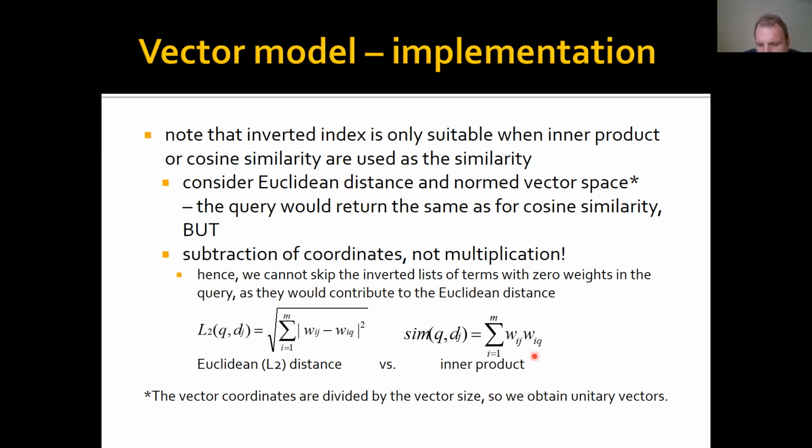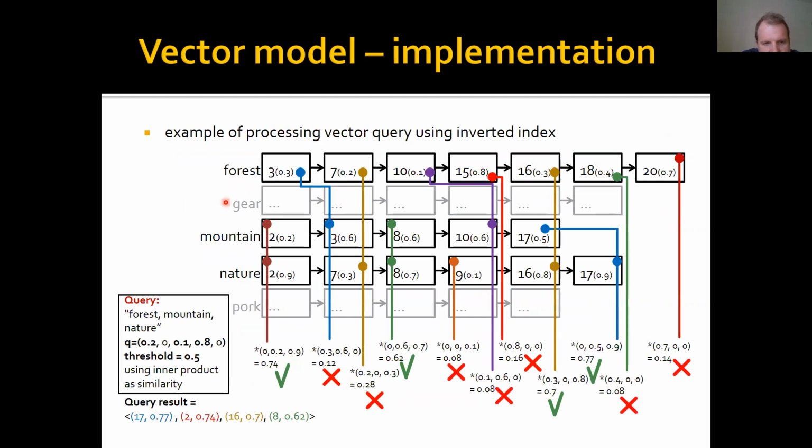And this is basically the necessary condition to use the inverted file, because in the inverted file we can skip all of these gray lists, because their weights in the query are 0, and because 0 times anything is 0, we don't care what's here, because we would otherwise multiply by 0, so it's useless.